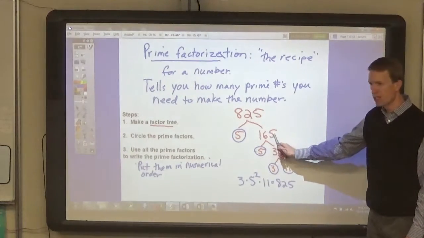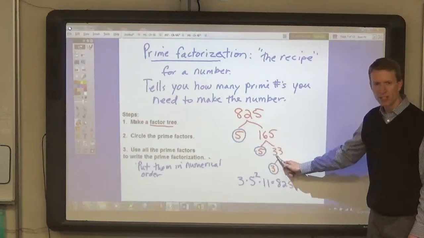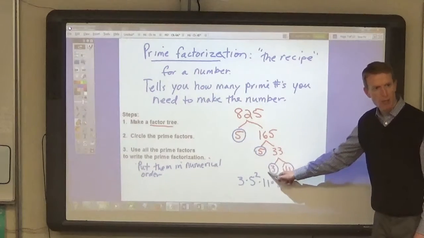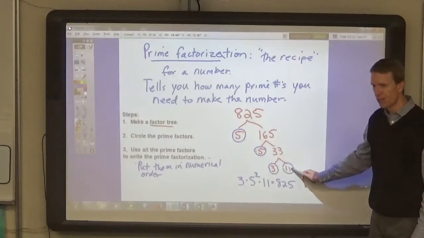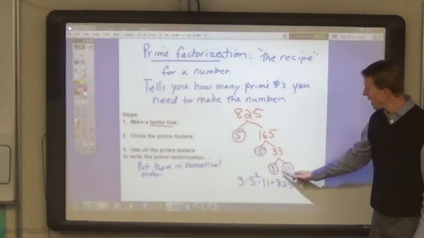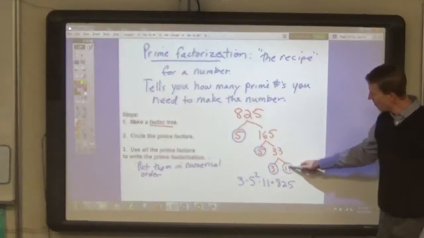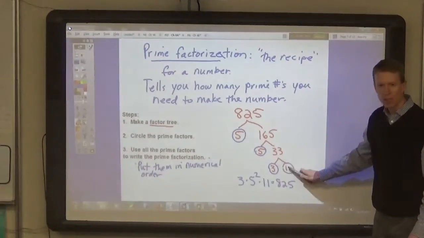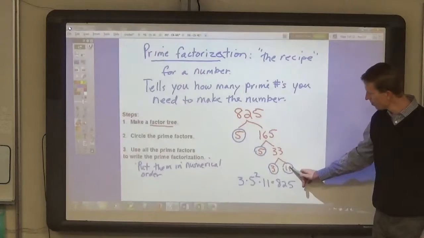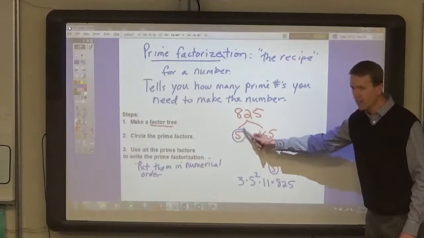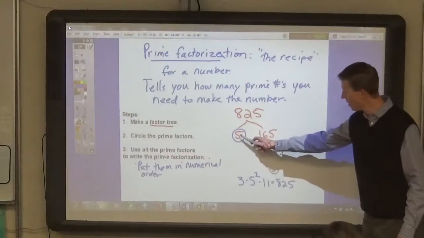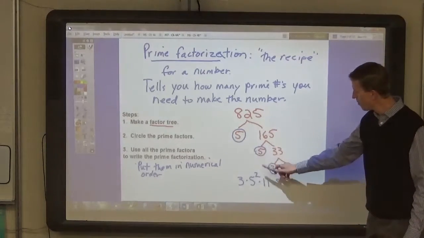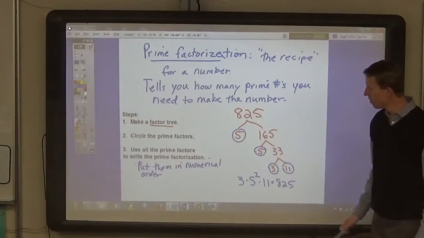5 times 33 is 165. 33 is also a composite number, so we have to keep going. You make 33 by multiplying 3 times 11. Now, around the outside of the factor tree, you have only prime factors. So then you can write the formula for making 825 using just these prime numbers: 5 times 5 times 3 times 11.